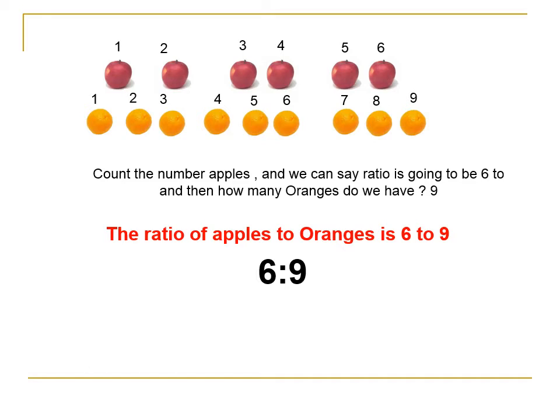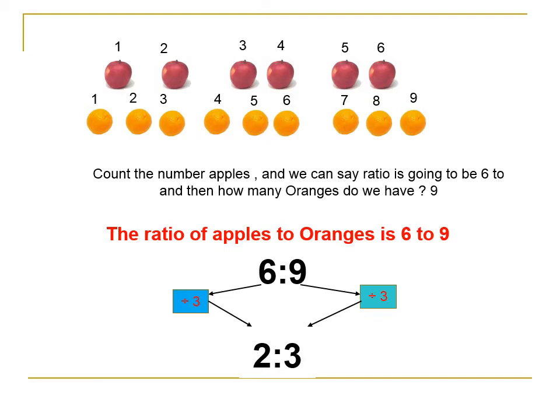Both 6 and 9 are divisible by 3. Just like we reduce a fraction, we can also reduce ratios. So if we divide 6 and 9 both by 3, what will we get? Yes, we will get 2 to 3. So 6 divided by 3 equals 2, 9 divided by 3 equals 3. So the ratio of apples to oranges is 2 to 3.